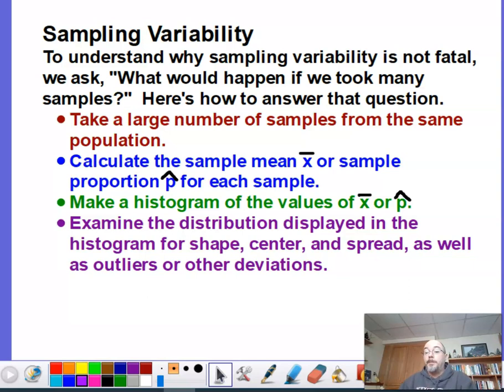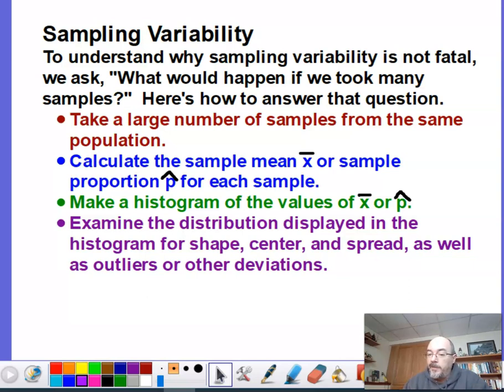All right, now sample variability. Some very important things to understand. To understand why sampling variability is not fatal, we ask, what would happen if we took many samples? Here's how to answer that question. Take a large number of samples from the same population, calculate the sample mean x bar or sample proportion p hat for each sample.